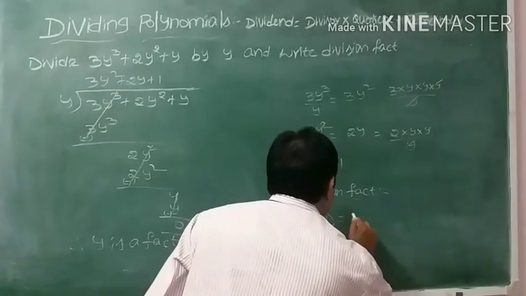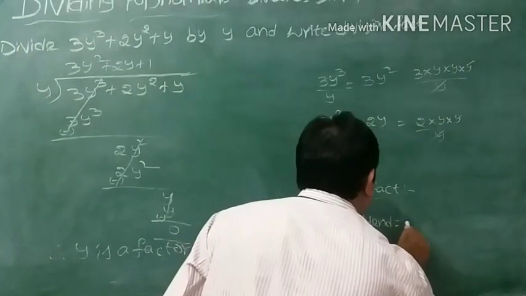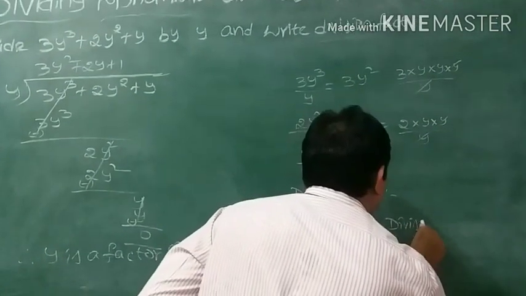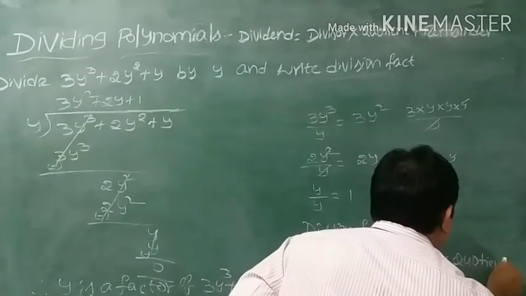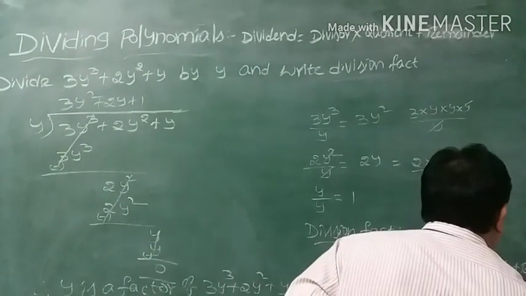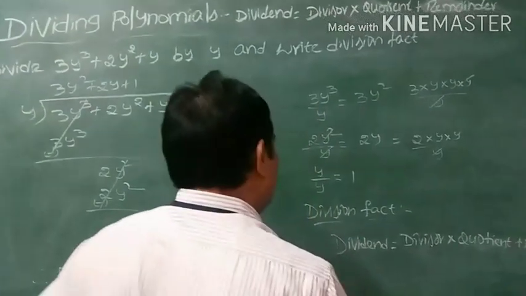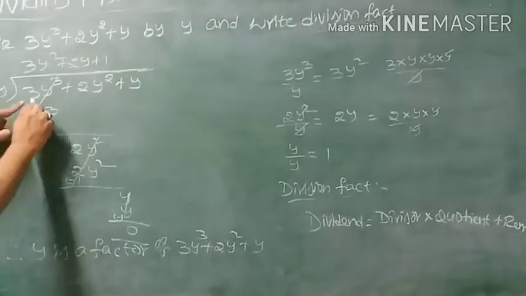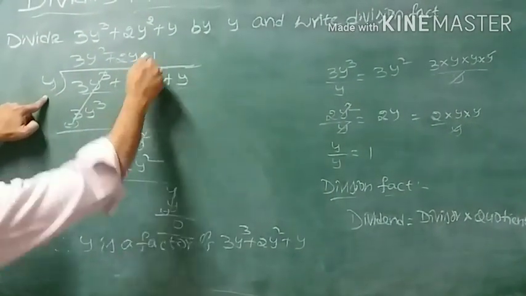Dividend is equal to divisor into quotient plus remainder. Now this one is called dividend, this one is called divisor and this one is called quotient.